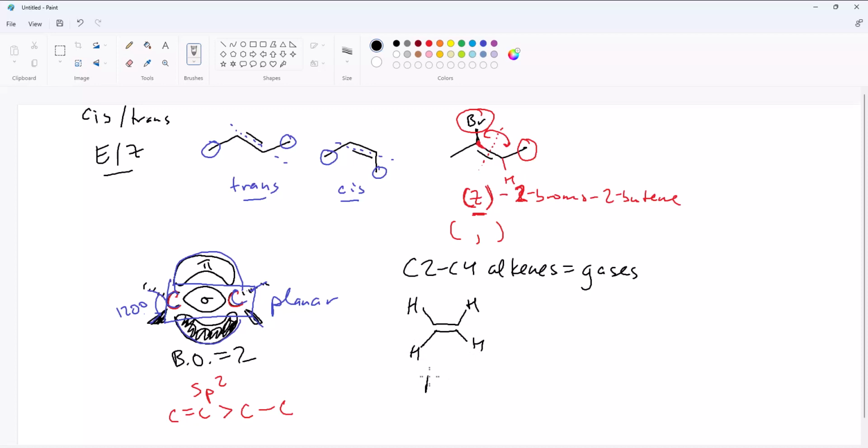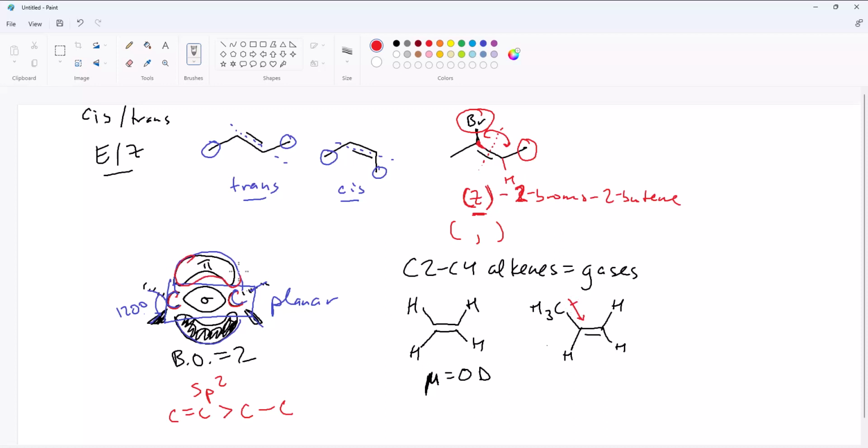This would be a nonpolar molecule. We represent the polarity by the dipole moment, the letter mu, and that's given as 0 debye. If we instead substitute one of those for a methyl, so this is 1-propene, we would see that there is a dipole that forms right here.